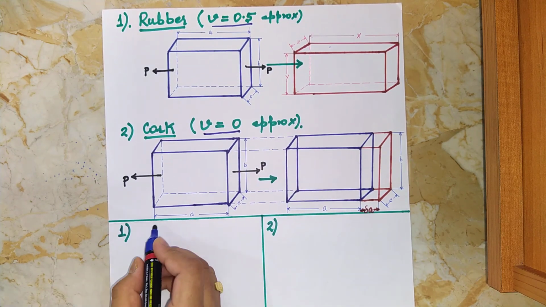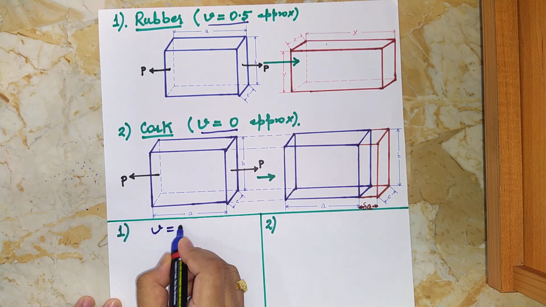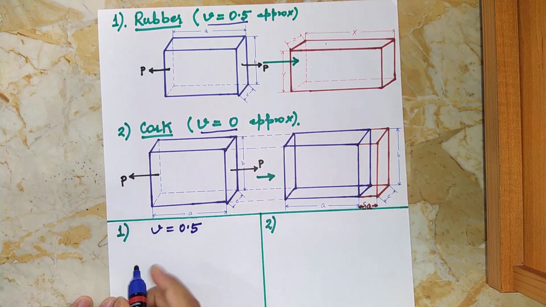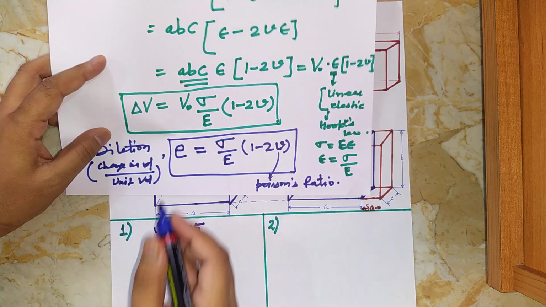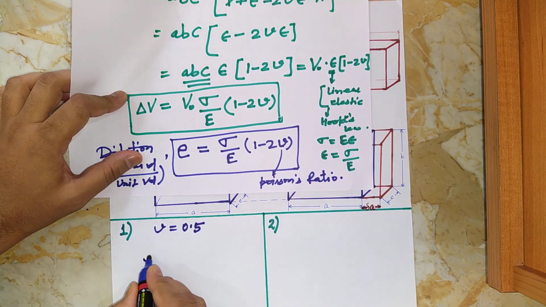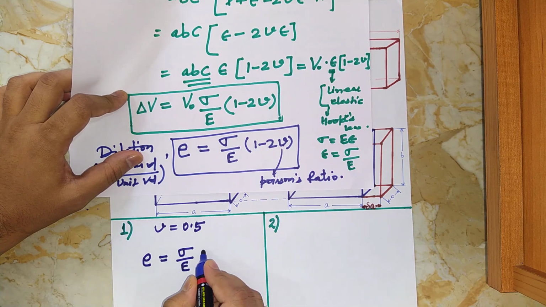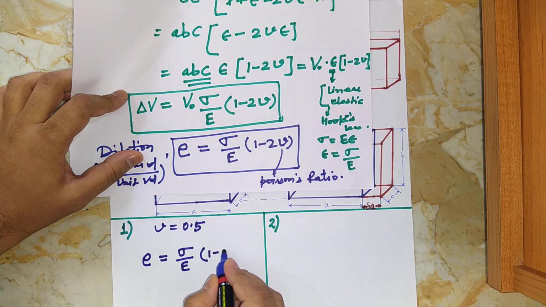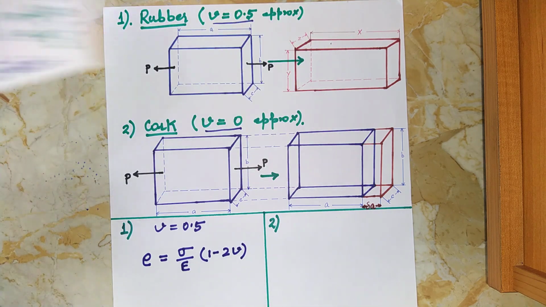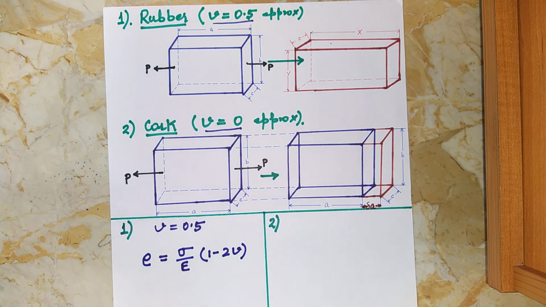So let us take both these situations one by one. For rubber, where Poisson's ratio is 0.5, we have already calculated dilation, that is change in volume per unit volume. The dilation formula we know, that is sigma by E (1 minus 2 nu). Let us put 0.5 here.